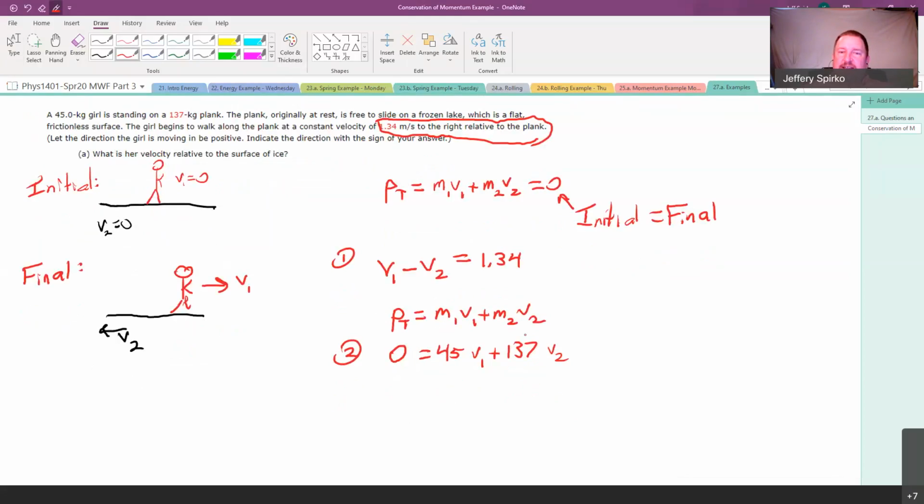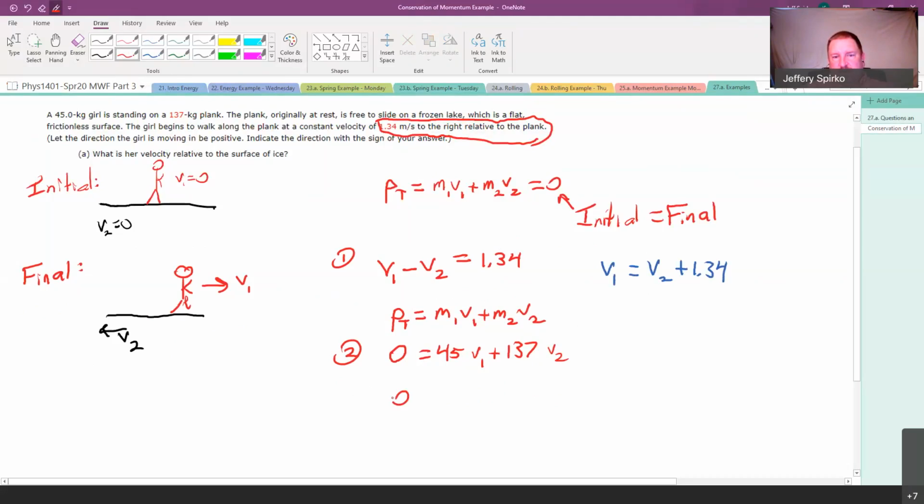That's called eliminating a variable, because after you do this process, you will no longer see the other variable that you eliminated. So what I'm going to do is turn this into v1 equals v2 plus 1.34, and I'll plug it in down here.